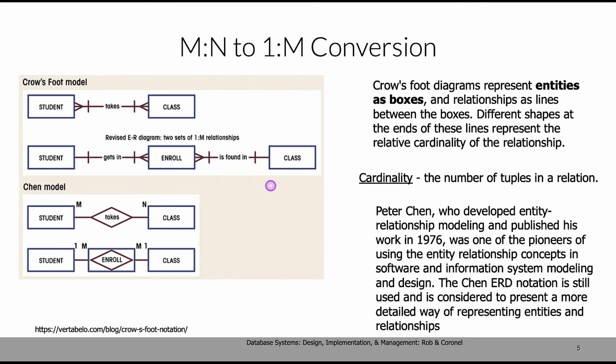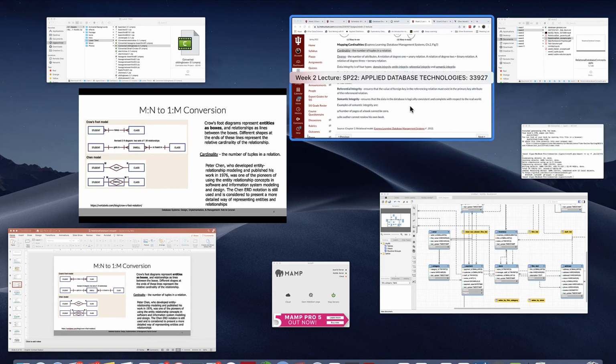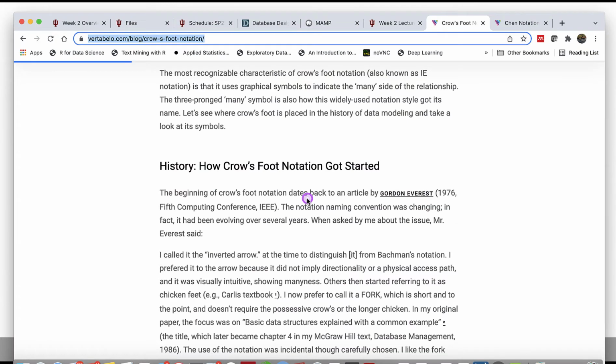So what you see on the left are representations for entity relationship diagrams. The first model, the crow's foot diagram, represents entities as boxes and relationships as lines between boxes. And we have different shapes for different relationships. I would like us to look at the history of this type of notation and dive into more details on entity and relationship representation.